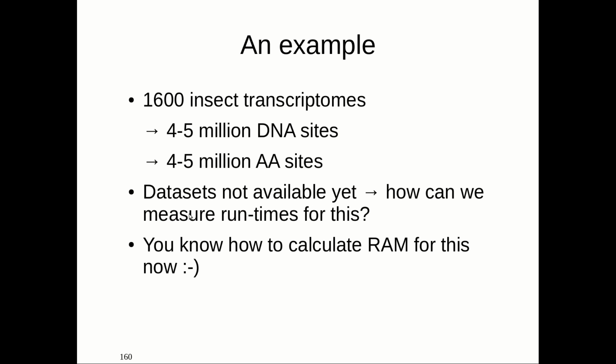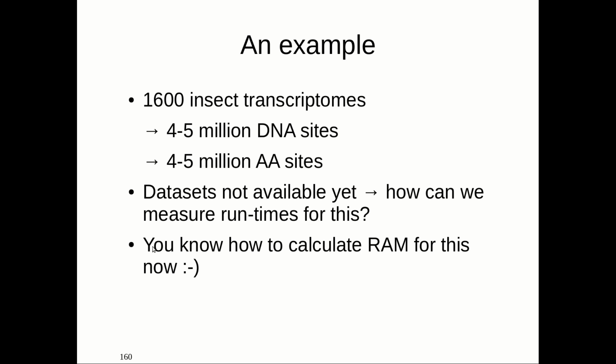So I'll just give you an example for the calculations that we did when we submitted our most recent CPU time application. We had 1,600 insect transcriptomes with 4 to 5 million DNA sites and 4 to 5 million protein sites. The problem here was that the data sets were not available yet when we were applying for the grant. So how could we measure runtimes for this?